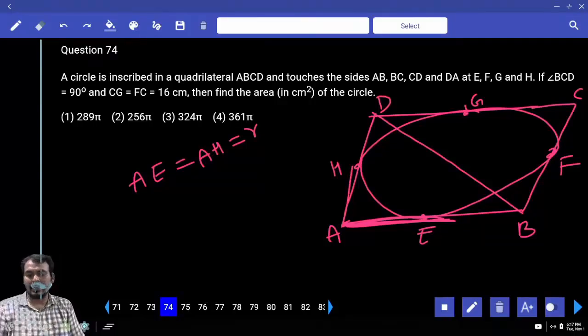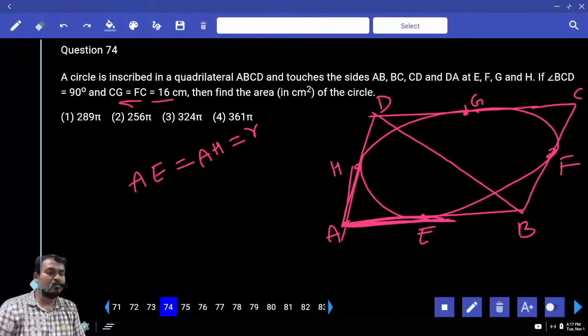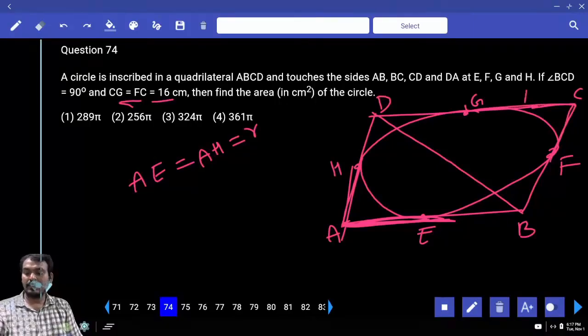If any side is taken, we get the equal radius. And here CG and FC values are given as 16. So the CG value is the radius, and the FC value is also the radius.